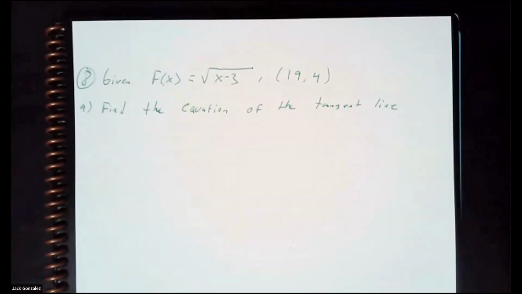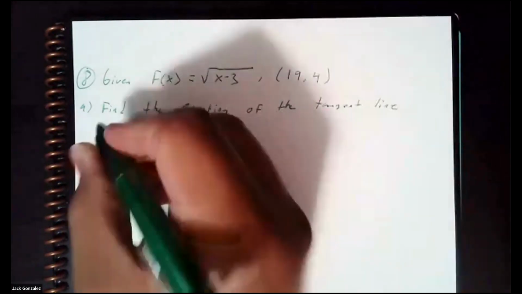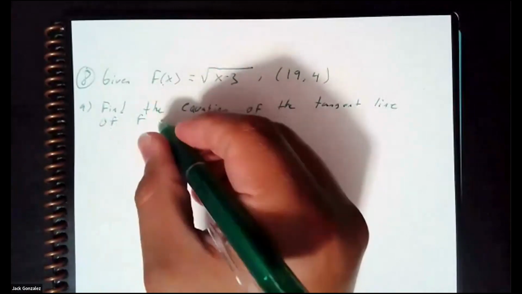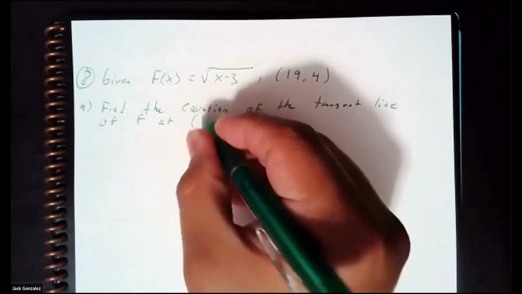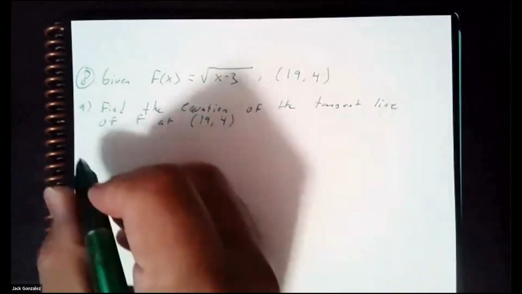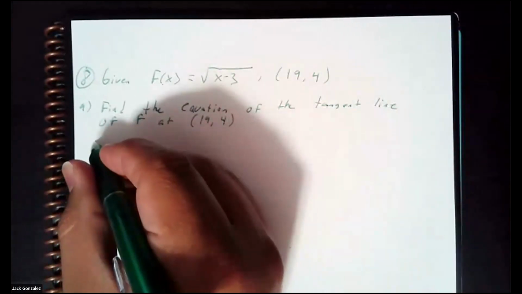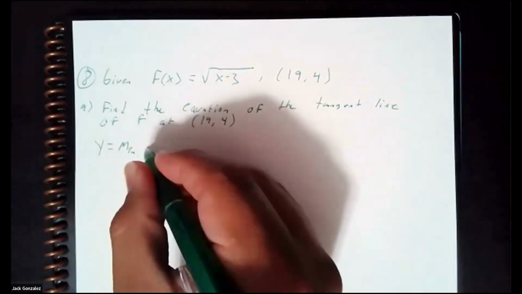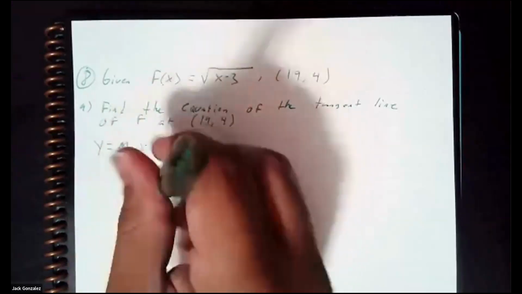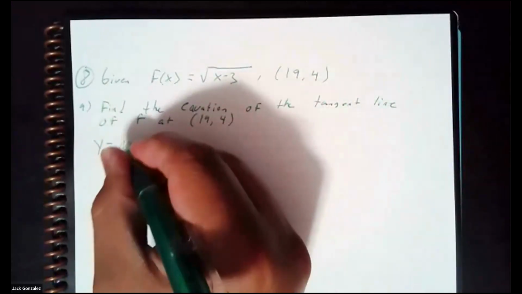So in order to find it, let me make sure I wrote the question right. f of x at 19, 4. The equation of a line, you could use mx plus b. The only difference is that the m is the tangent slope, just the slope of the line tangent.